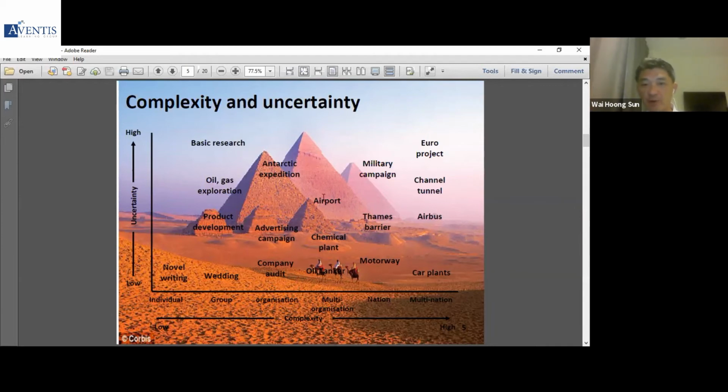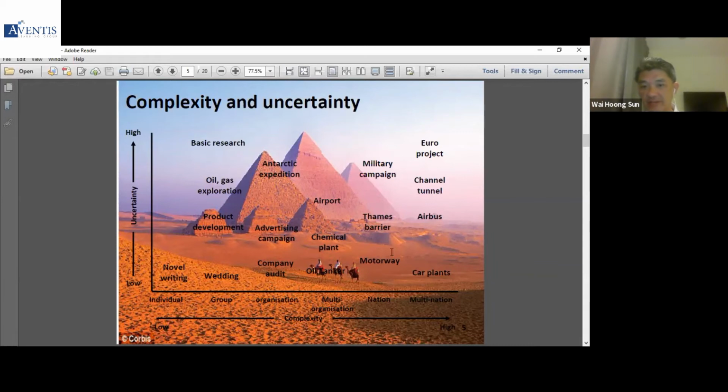If you look at the airport, for example, you would have a multi-organization effort to implement the project. The airport would have the customer that belongs to one organization, and you also have the main contractor, and many other subcontractors that are there to implement the project. So it gets more complex.